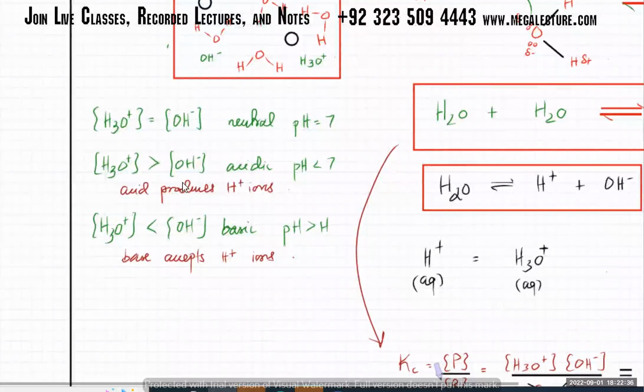The other one is exactly the opposite. If you know that H plus is higher, then obviously OH ions will be lesser in quantity. If H plus is lower, then OH ions will be in larger quantity. So you just track one of them. You track pH, not pOH, so everything is done in terms of pH.